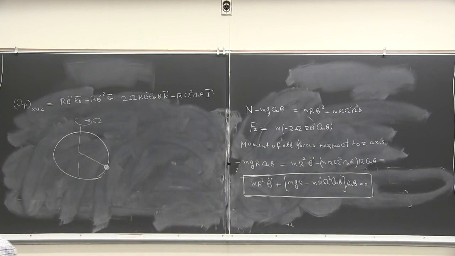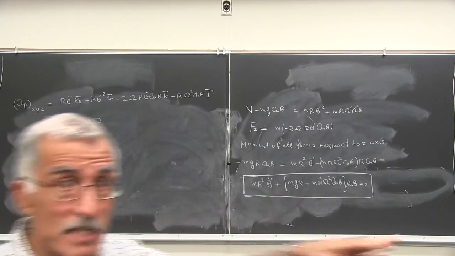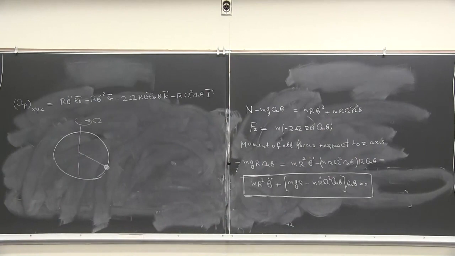So this is a 2 degree of freedom system. Here, I rotate it like this. That's a little bit easier. Rotate it like this. No, I rotate it very fast. What do you see? It comes like that, right? So it depends on the speed. So the question is, at what speed, what angle.